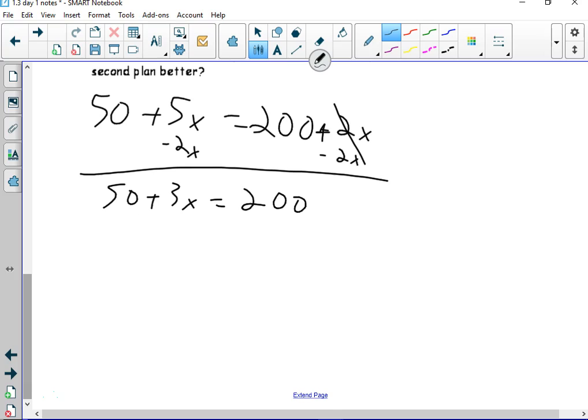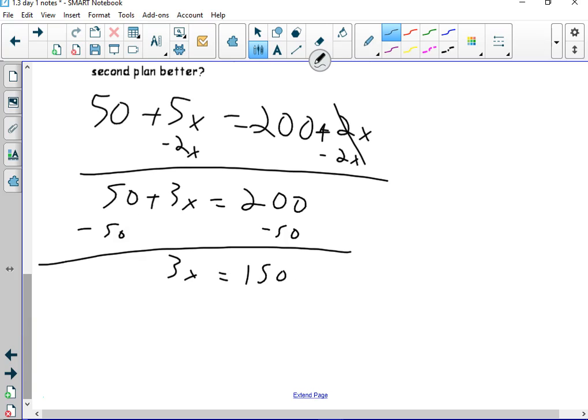Since I move my letters to the left, I'm going to move my numbers to the right. 3x equals 150. Divide by 3, x equals 50. Now that's not the answer because it's a word problem. So you need to actually say 50 visits.